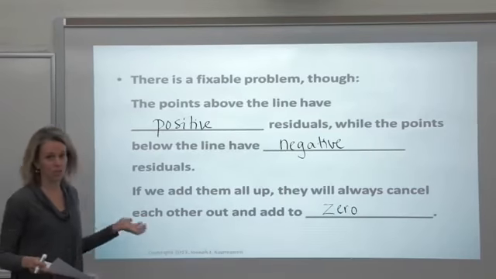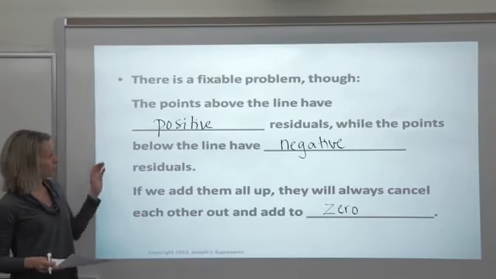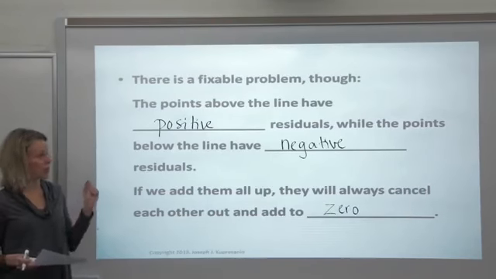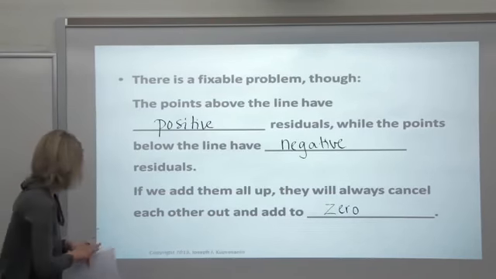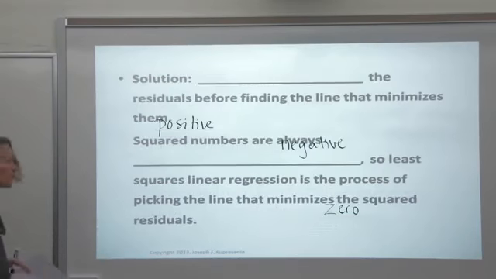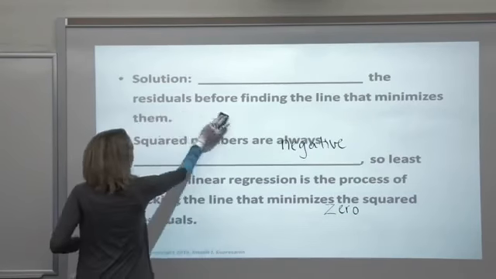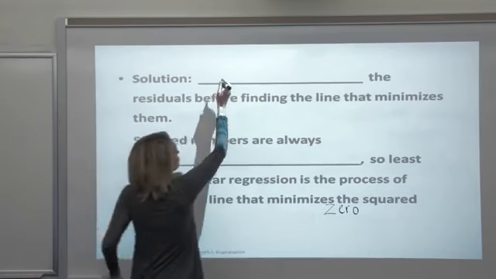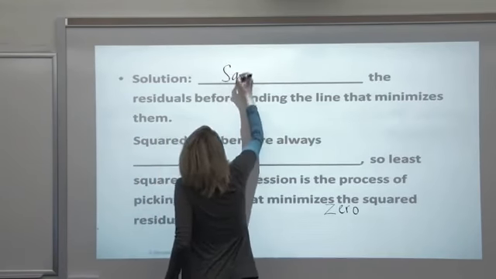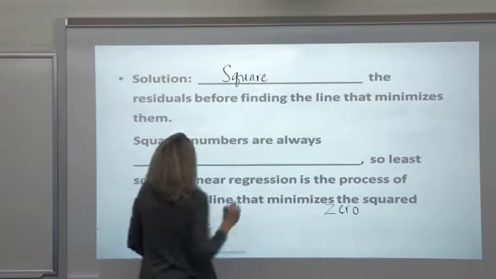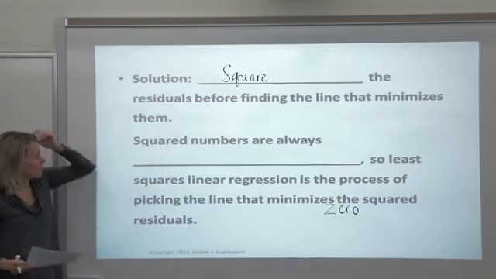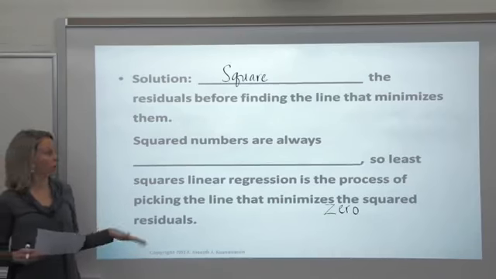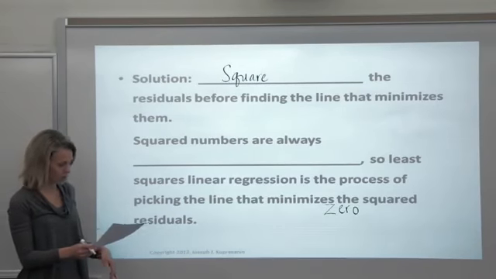So it doesn't work to just sum them up. So rather than simply sum up the residuals, we're going to take each residual and we're going to square it first. And so here's our solution. We're going to square the residuals before we sum them up. And then we'll find the line that minimizes the square of all those residuals.